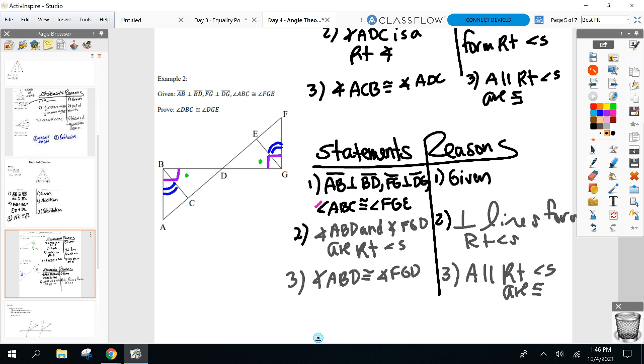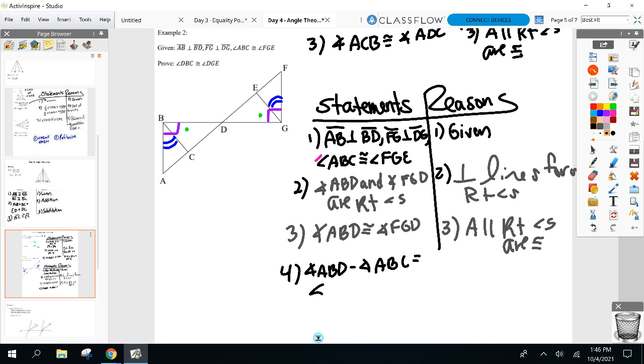Now, do you have two pair to subtract? Yes, you do. That's where it came from. So, not reflexive again. Now it's the right angles I needed. So angle ABD minus angle ABC is equal to, do the other right angle, FGD minus angle, let's see, what am I subtracting from that?